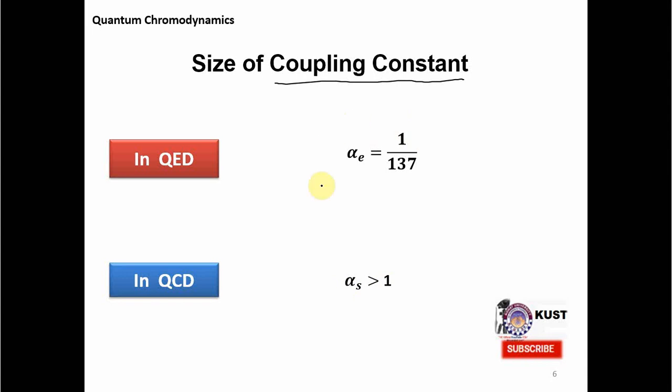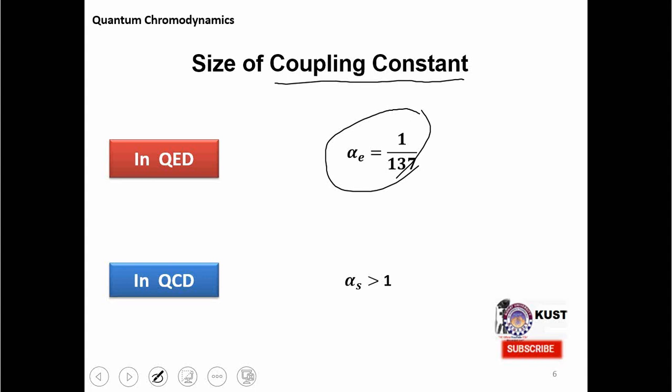Now this fact is actually the source of a problem. And what is the source of the problem? Why does it cause the problem? The reason is that when this number, alpha E, is very small, then we construct all sorts of Feynman diagrams in QED.